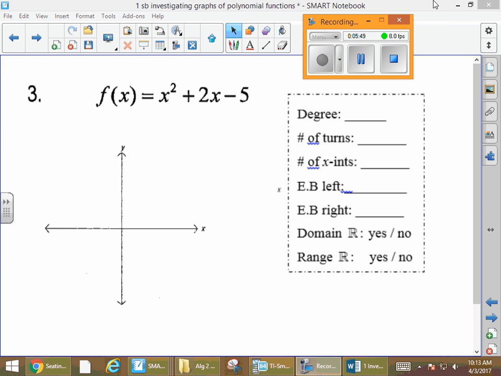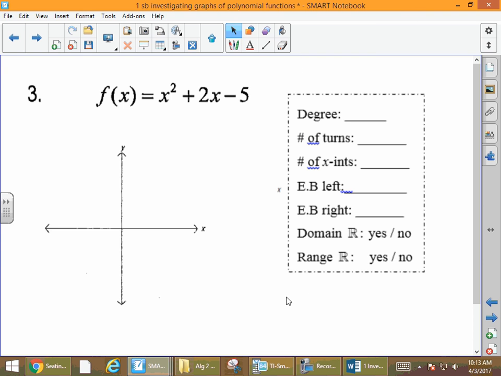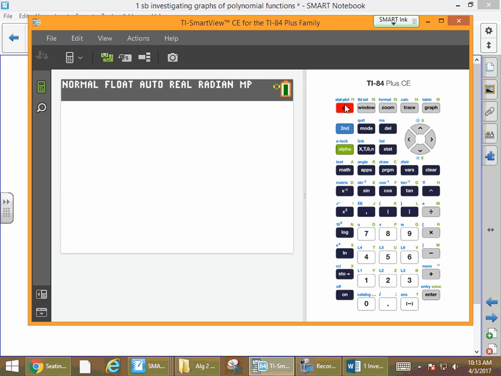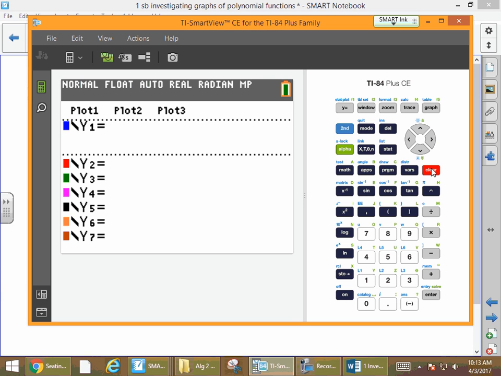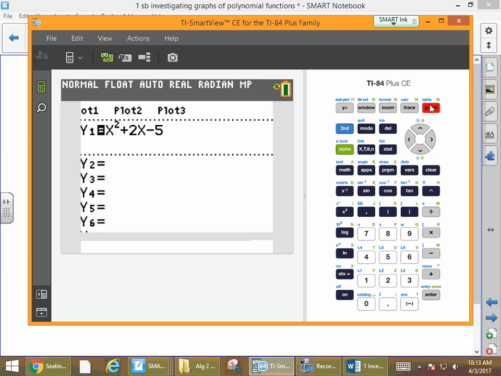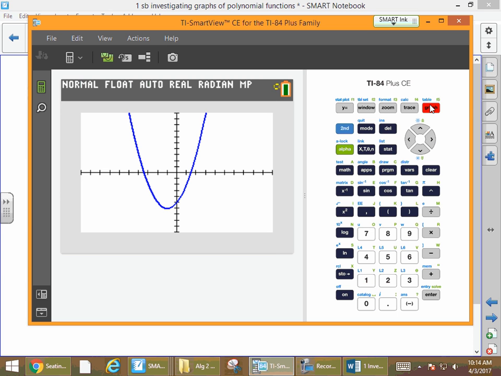So let's look at problem number 3 now. And let's type that into our calculator. We have a general idea of what this is going to look like. So if we go to y equals on our calculator, and we type in x squared plus 2x minus 5, and we get that U-shaped curve, which we are familiar with.